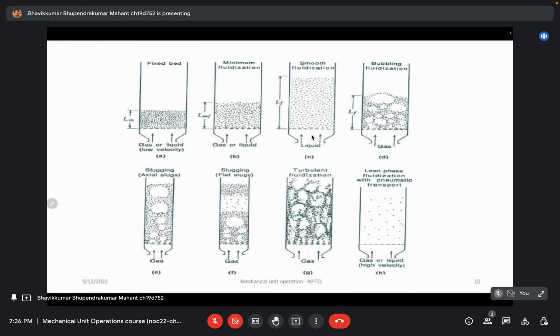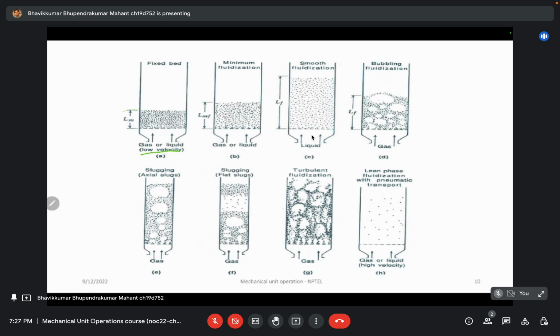So this is the pictorial representation of what we just discussed. As you can see, this is a fixed bed, with some length of bed. If we apply any kind of gas or liquid velocity, and the velocity is very low, it will remain a fixed bed, with no difference.